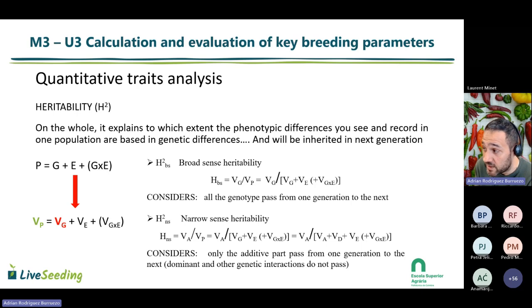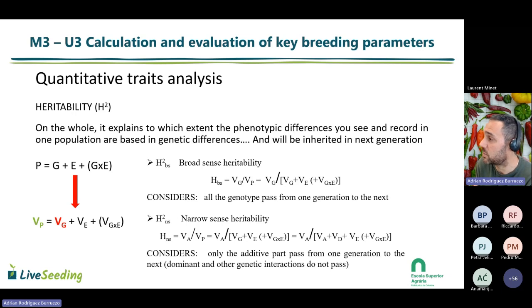Okay. On the contrary, if phenotypic differences have a high support of genetic differences underlying, I mean, the individuals which look good at phenotypic level are good because they have good genes in comparison to the other individuals which do not look so good phenotypically.